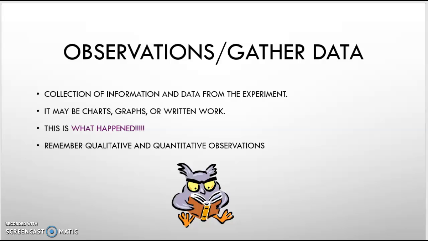Quantitative observations might be more of the graphs, more of the pie charts, more of the XY axis charts. So we've got different ways to display our data. It can be pictures, charts, written word, graphs. They can be bar charts. The possibilities are endless here for how you can report your observations.